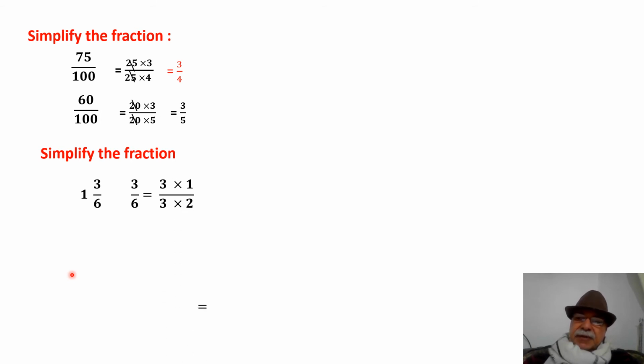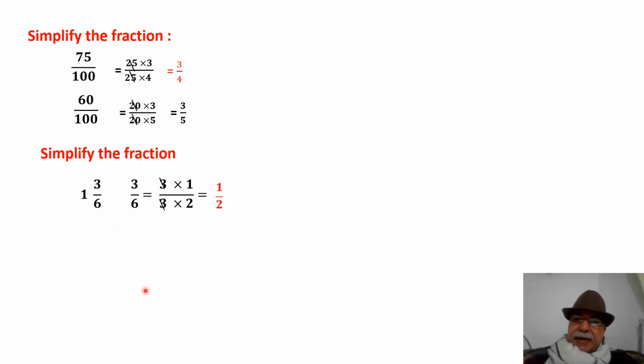Here 3 over 6 equals 3 times 1 over 3 times 2. 3 times 1 is 3, 3 times 2 is 6. That's why I cancel 3 from both sides. I get 1 over 2. 1 over 2 is the simplified fraction for 3 over 6.